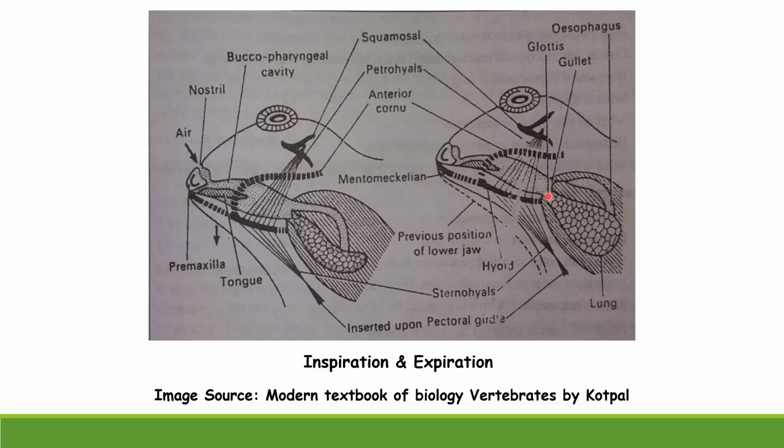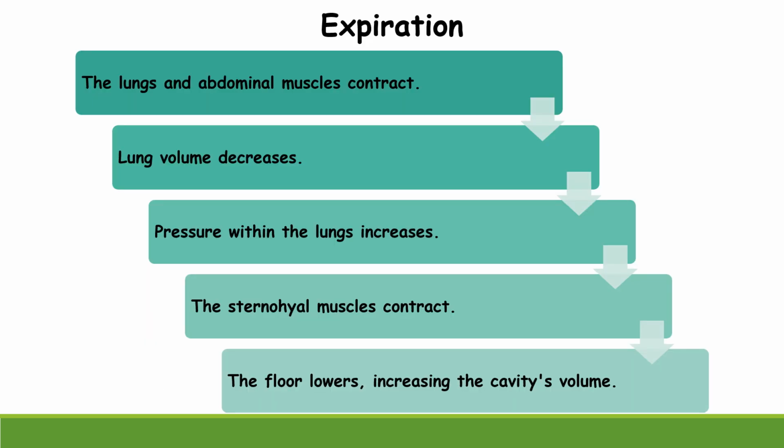The same phenomena we can see in this diagram, both inspiration as well as expiration. Now we will see what happens in expiration, where the opposite of the inspiration steps happens. This process starts with the lungs and abdominal muscles contracting.